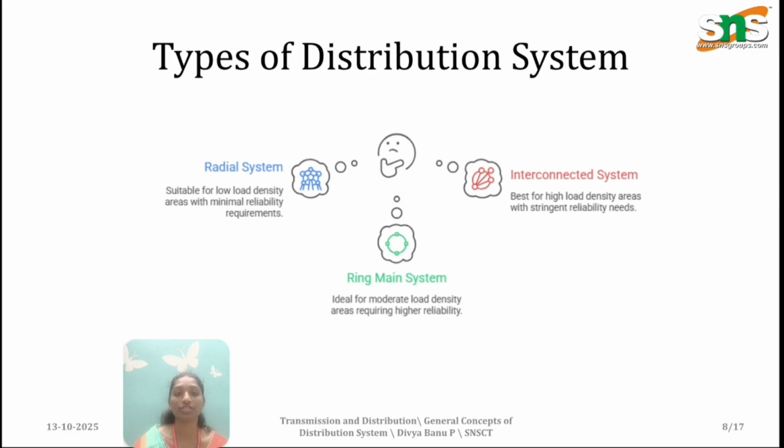Radial is suitable for low load density, ring main is required for moderate load density, whereas interconnected is for high load density. So radial, ring main and interconnected: the first is for low load, the second for medium load, and the third for high load density.